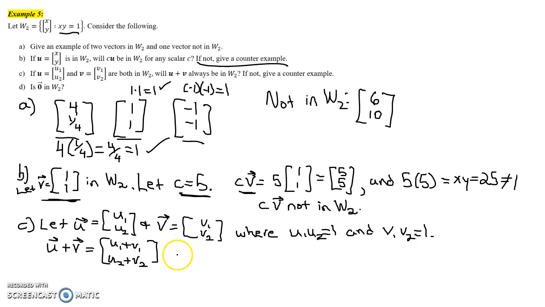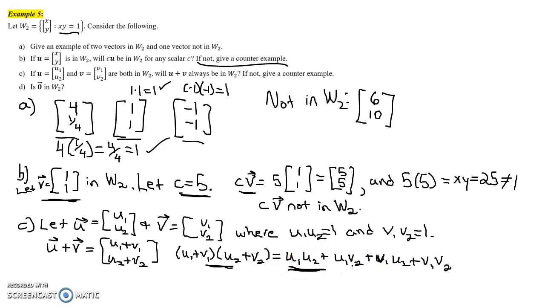Now the question is, is this in W2? Well, that would depend on whether the x component, u1 plus v1, times the y component, u2 plus v2, is equal to 1. If we multiply this out, using the old FOIL method, we'll have u1 times u2, plus u1 times v2, plus v1 times u2, plus v1 times v2.